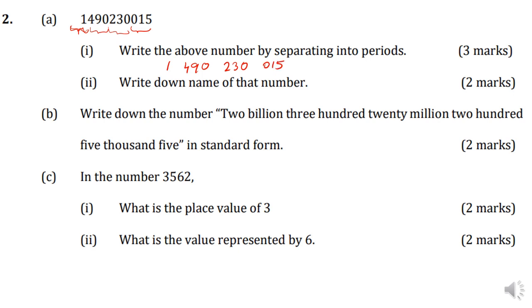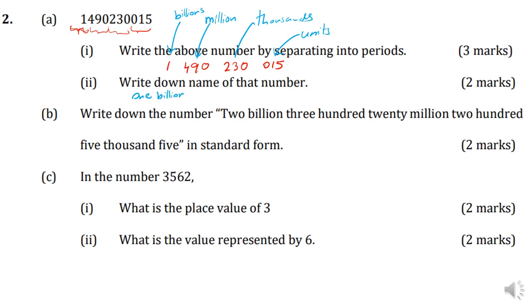Write down the name of that number. Names means you can write the names. There are 4 periods. We have learned 4 periods. That means this period is units, and this one is thousands, and this one is millions. Actually, you don't have to write these things. I am writing in order to explain you. This is billions. So we can write this. How many billions? 1 billion, right?